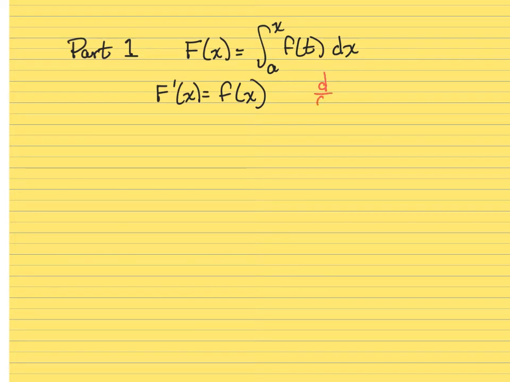If I take the derivative of an integral like that, the derivative and the integral cancel out, and we're just left with f evaluated at that upper limit. Okay, so what we're going to see is these integrals that we use are like inverses of the derivatives. Okay, so that's what you're going to see with that.